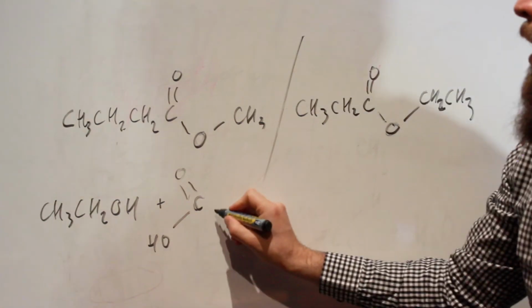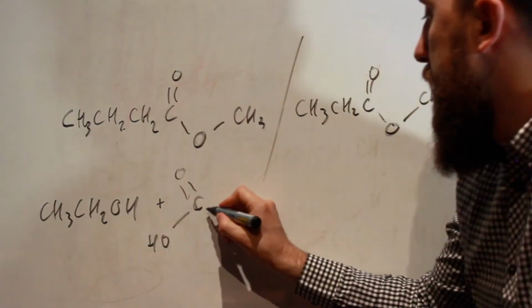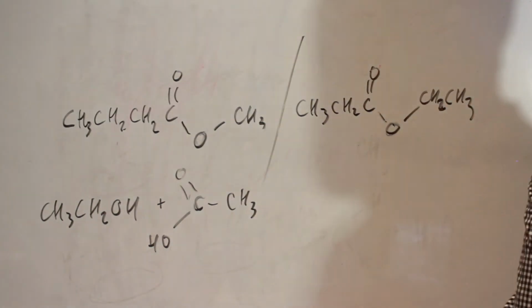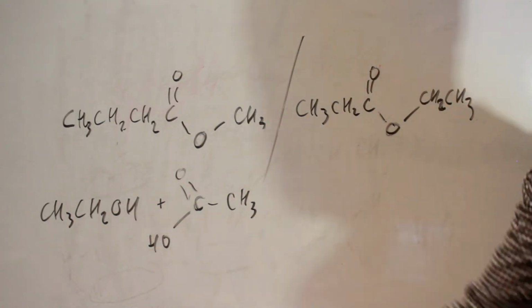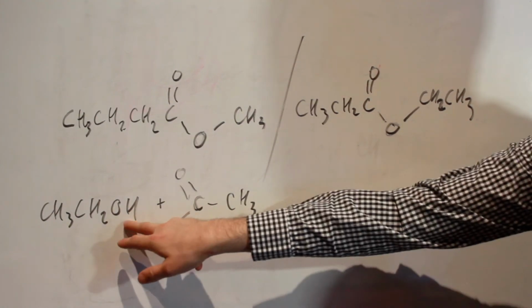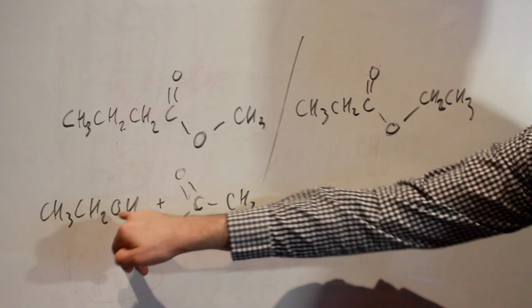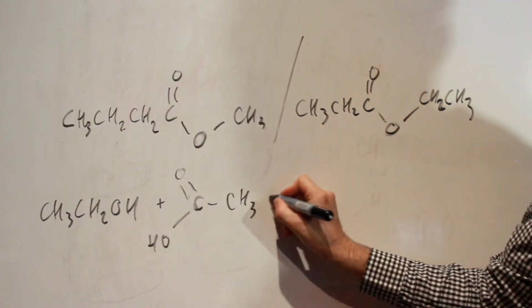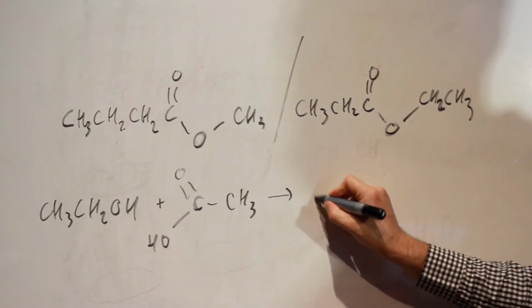HO. And then what was it? Ethanoic acid. So that's going to be C and then CH3 like that. So what we're going to do is lose the water. The hydroxyl there with the hydrogen there is going to come off, make H2O, and form the new bond between the carbon and the oxygen to get the ester, which is ethyl ethanoate.